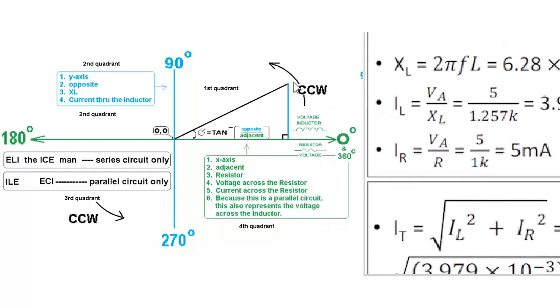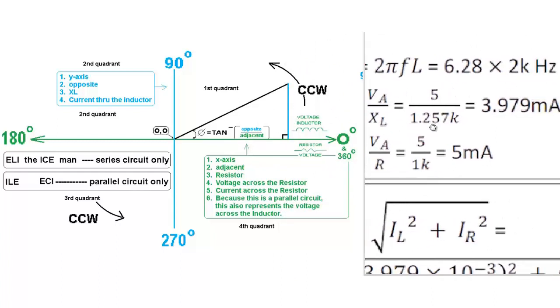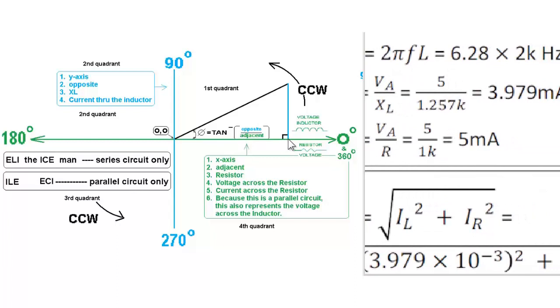The blue represents the current through an inductor. That would represent 3.979 milliamps RMS. And the horizontal axis, which represents the current through a resistor, the length of that, if you want to call it that, is 5 milliamps RMS.